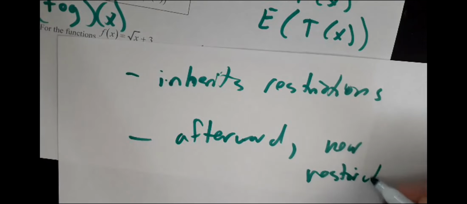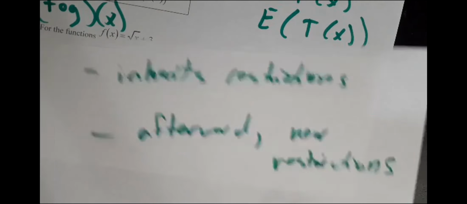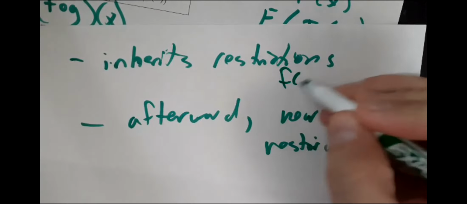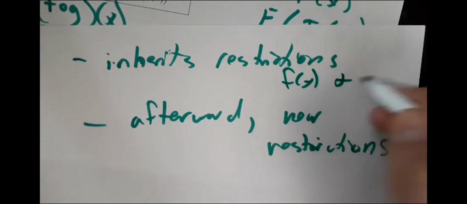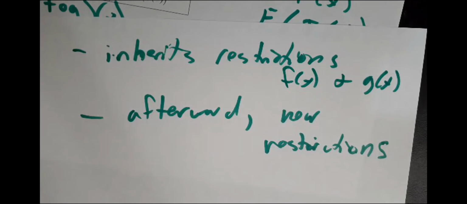There's no sort of easy way to get it. We just have to do the operation and see what it has in the new formula. There could be new things depending on what the function looked like. And again, the inherited restrictions are from f of x and g of x, right? It's the strict parent functions.